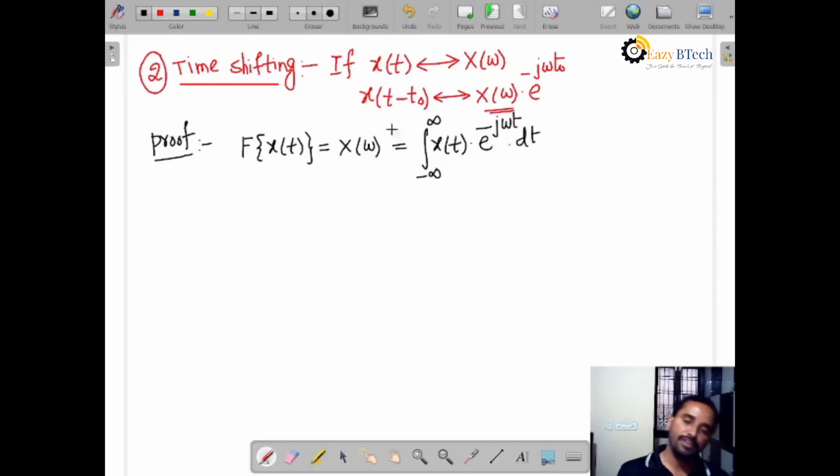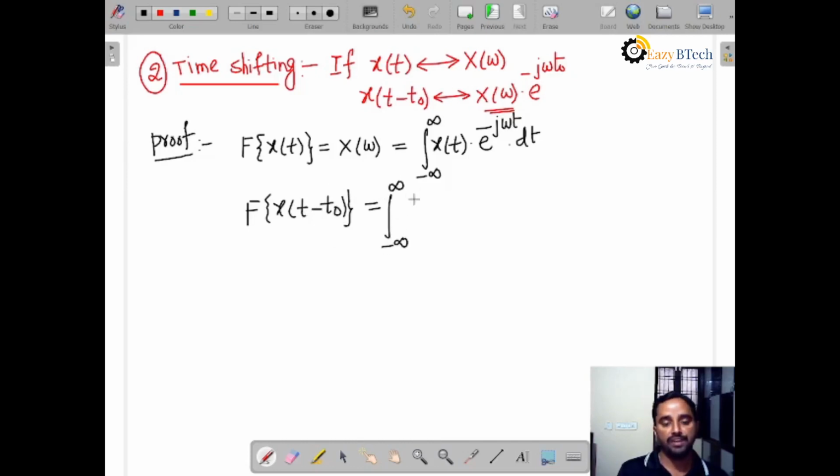Okay, so we take the Fourier transform of x of t minus t naught. How to write it? It doesn't mean that t is replaced by t minus t naught. We want the Fourier transform of x of t minus t naught. This is the signal. So how to write?